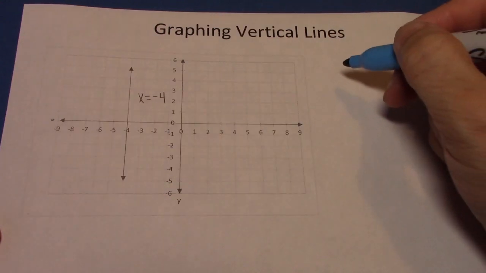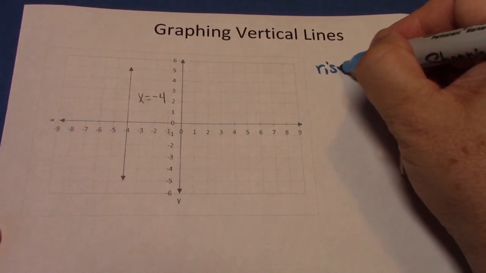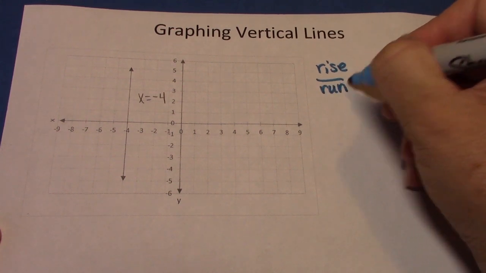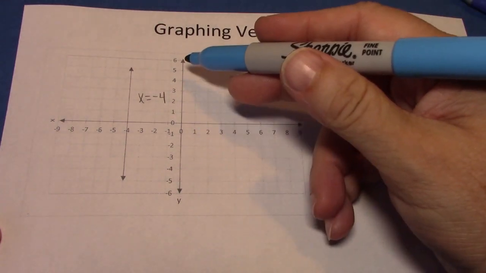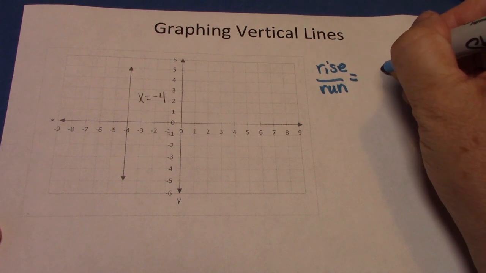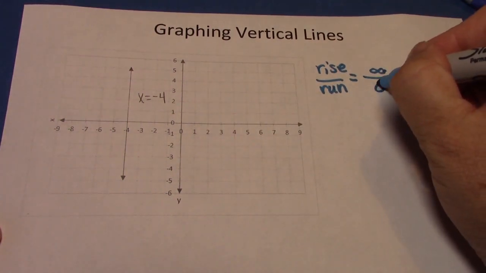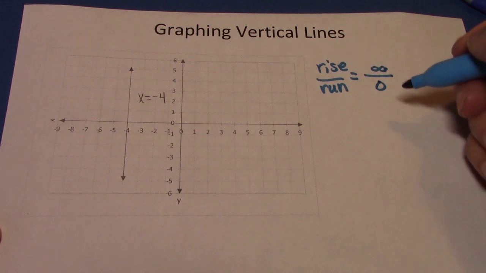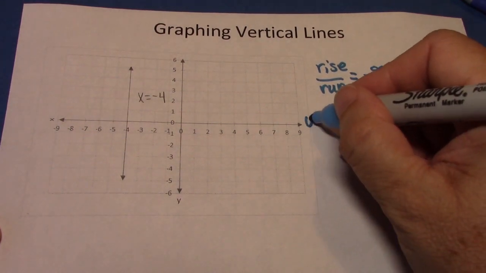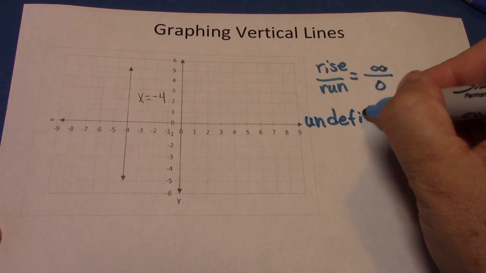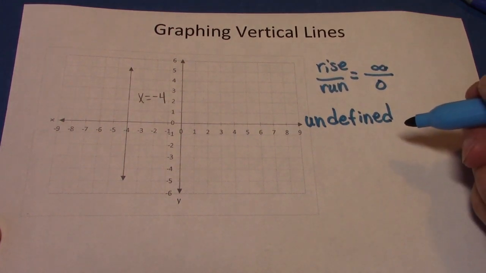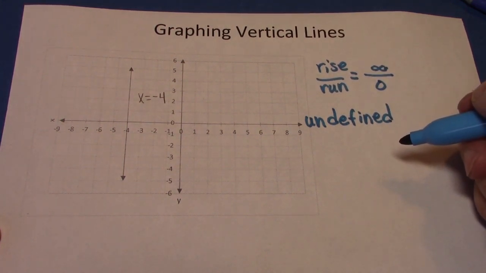What about the slope of a vertical line? Again, rise over run is our formula. This has infinite rise, but it has no run. And in math, we can't divide by 0, so we call that undefined slope. A vertical line has undefined slope.